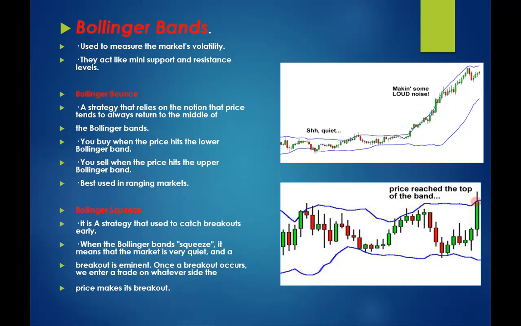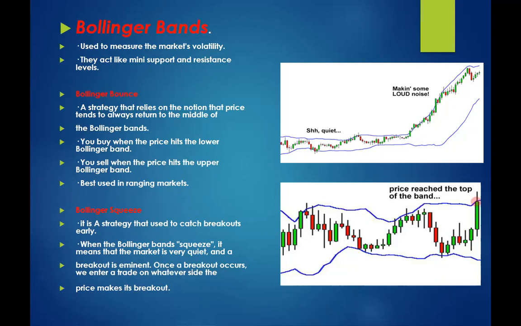Most traders use it. Okay, so they act as support and resistance, meaning small support and resistance. You can also use Bollinger Band because it comprises a moving average. Remember our previous class on moving average, I explained that moving average can act as support and resistance. So Bollinger Band comprises a moving average.